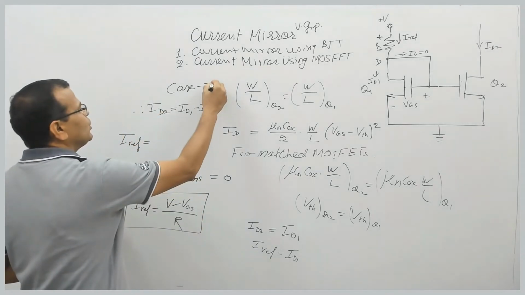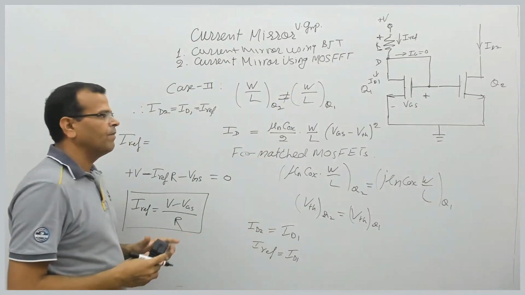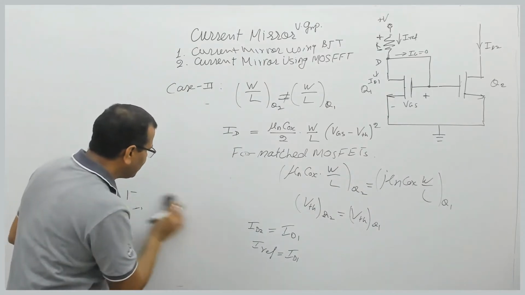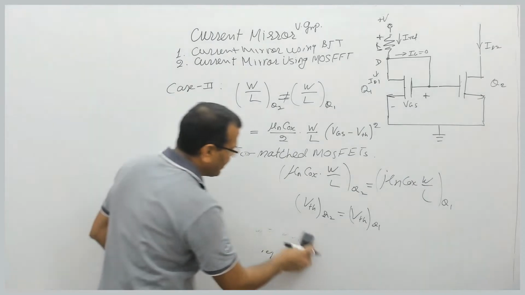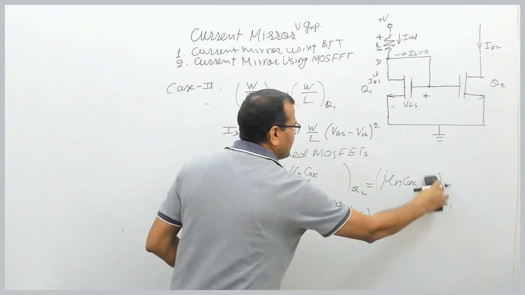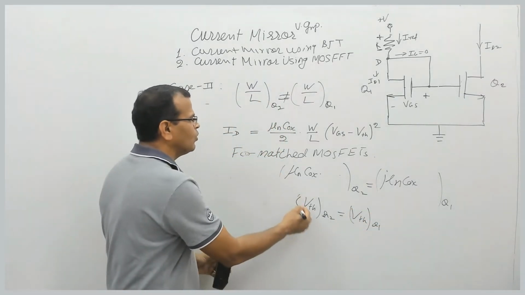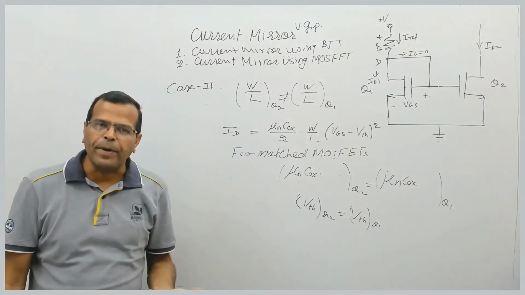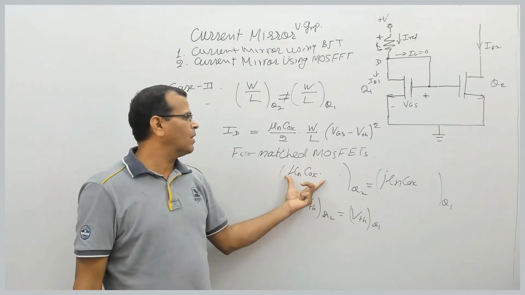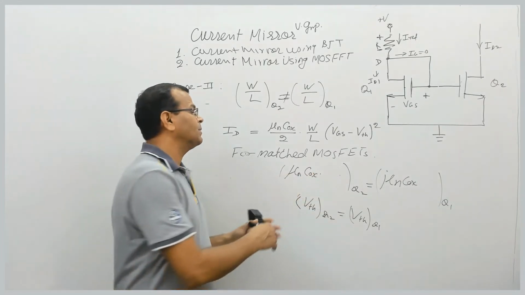We can take case 2 where these ratios are not the same. Fine, but we will be assuming one thing. Their aspect ratios are different, but we will assume everything is the same except the aspect ratio. Both transistors are made of the same material, so the threshold voltage will be the same, and this factor mu n into C naught x is called the transconductance parameter.